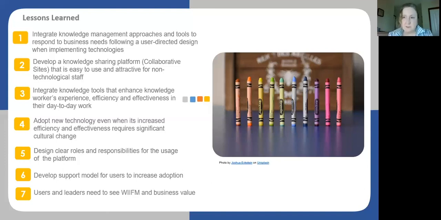That requires a different approach and structure of learning, but it helps them translate their day-to-day work into technology better.